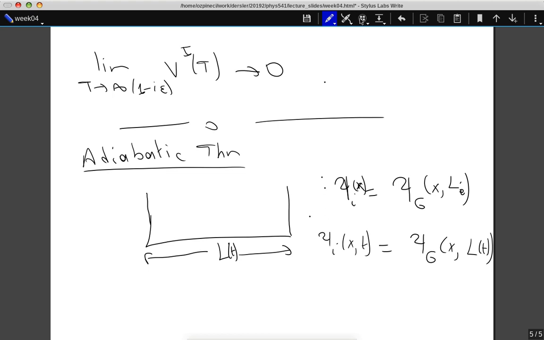Of course, there will also be an evolution due to the energy. Let's say the energy of the ground state is 0 for all that. So if your state starts in the ground state and you change your parameters slowly, your system stays in the ground state corresponding to the new parameters.